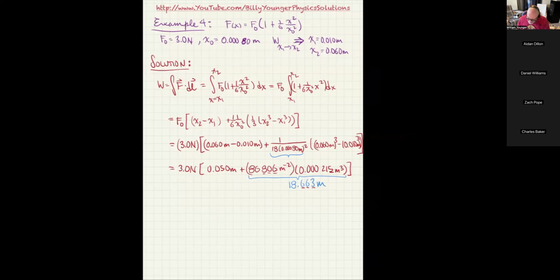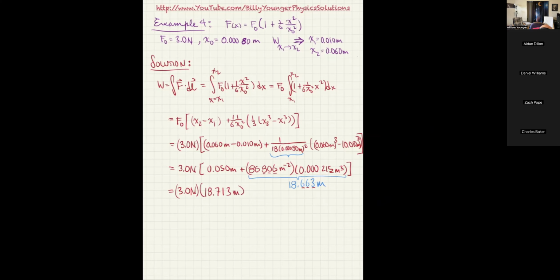So now I'll take that 18.663 meters and I'm going to add to it the 0.050 meters, and that's going to give me 3.0 newtons times 18.713, because I just added 5 to it, so that makes sense.